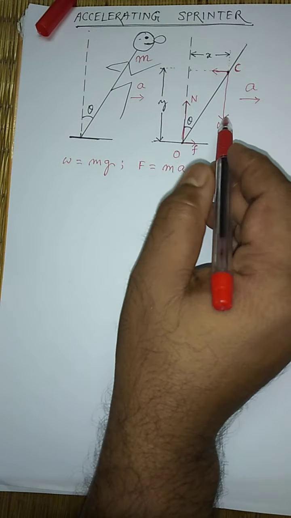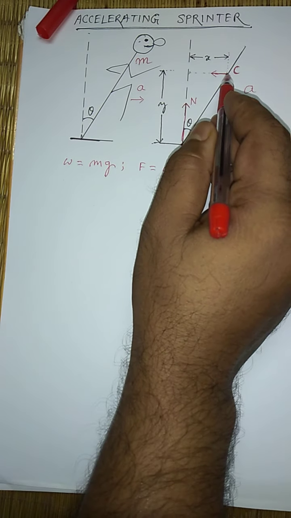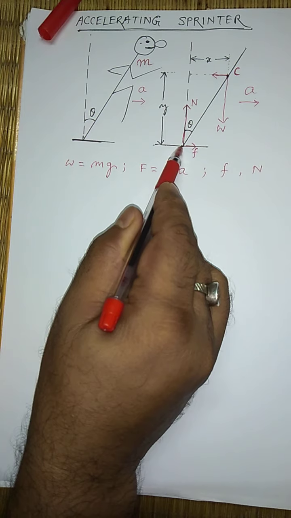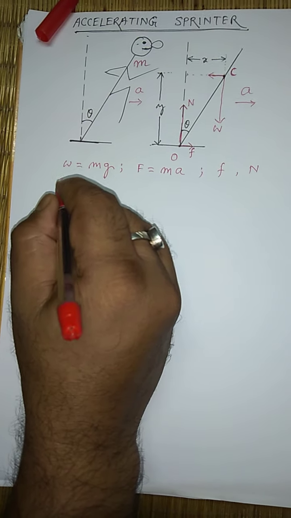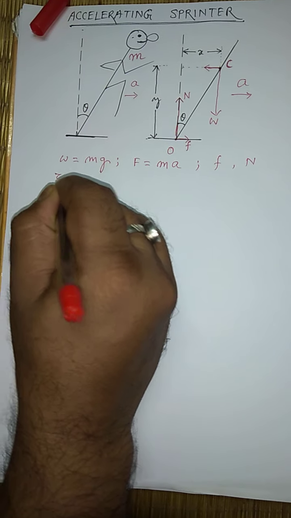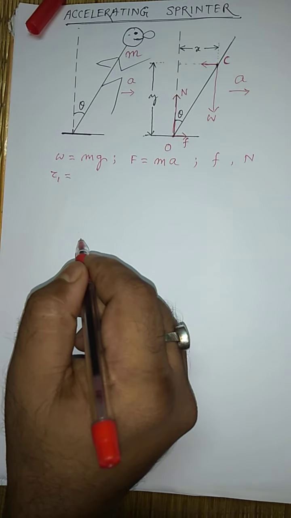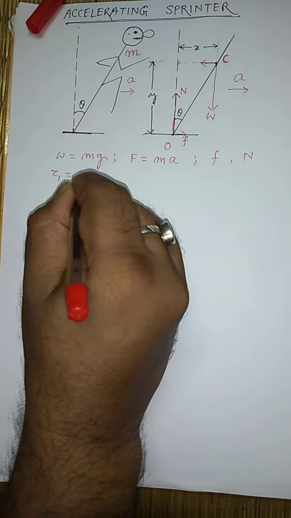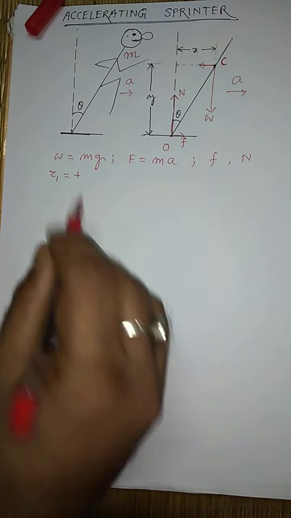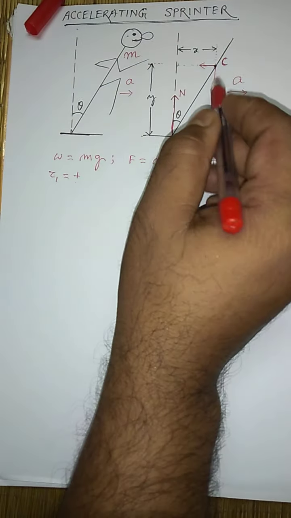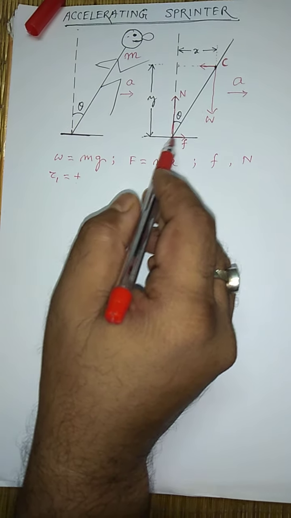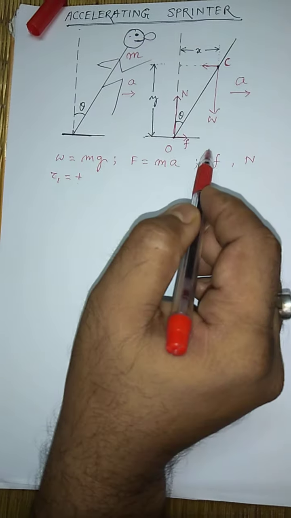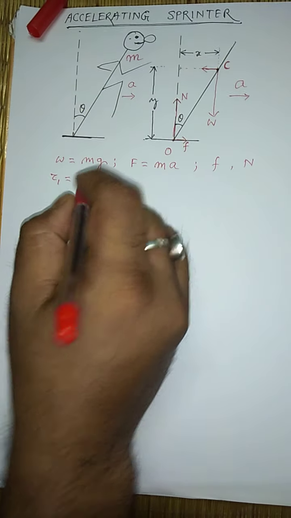The moment of the force of gravity about the point of contact is given by tau 1 is equal to positive. Why positive? Since the moment of the force of gravity about the point O tends to rotate the sprinter in the clockwise direction.